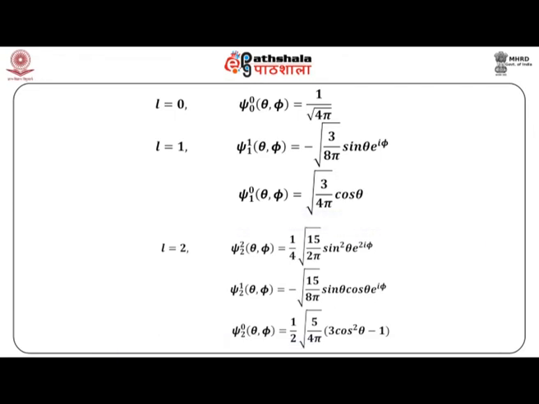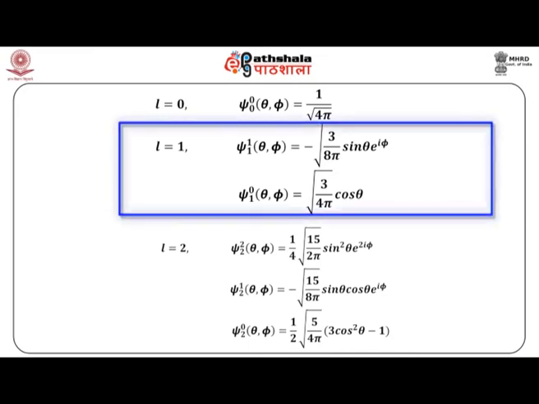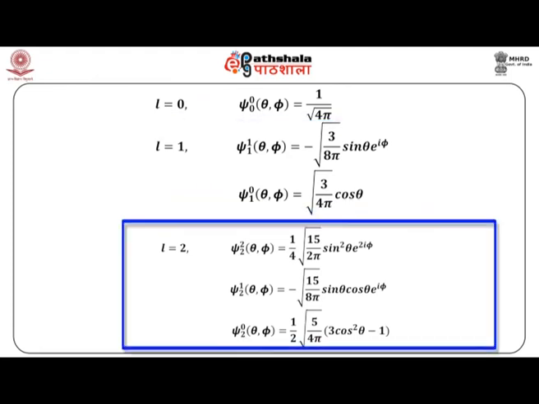For L equal to 1 and L equal to 2, for different values of m, the corresponding expressions are given. So this is the list of the spherical harmonics. But please remember that for L equal to 1, m will have the values -1, 0 and +1. And for L equal to 2, we will have +2, -2, then +1, -1 and 0.